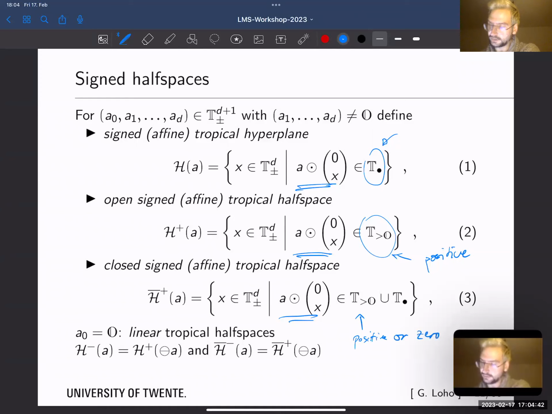And again, 0 is this blown up version of 0. And so we get hyperplanes, open and closed half spaces as subsets of these signed numbers. And really, you can think of these signed numbers as having all the orthants we should have.